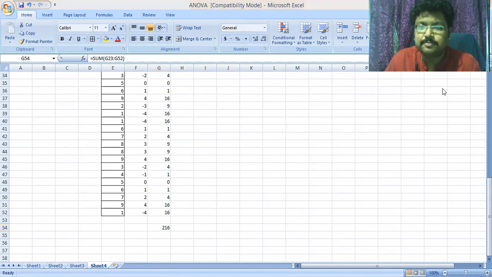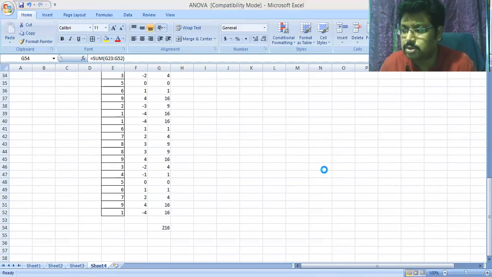Just a moment. I am opening the workspace. So, sum of square total.